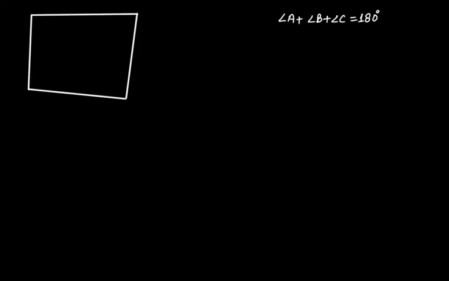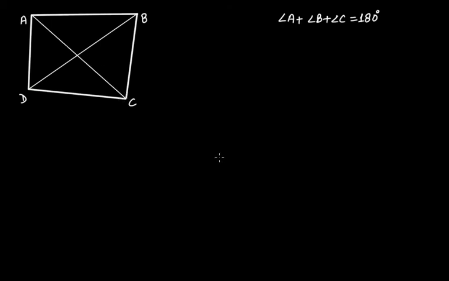So let's begin. This is our convex quadrilateral. Let's name all the vertices. Let's say this is vertex A, this is vertex B, this is vertex C, and this is vertex D. Now, I'm going to join the diagonals, or the non-consecutive vertices. So this is one diagonal and this is another diagonal.